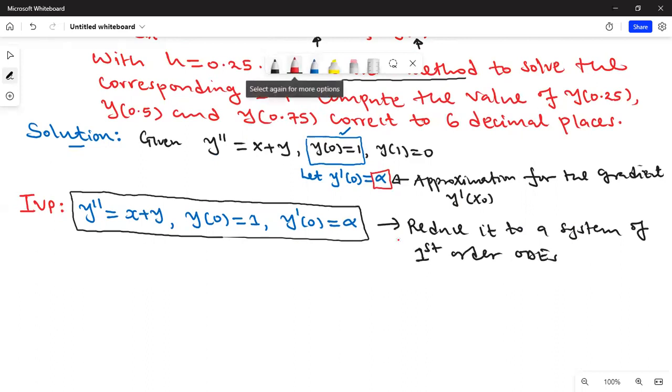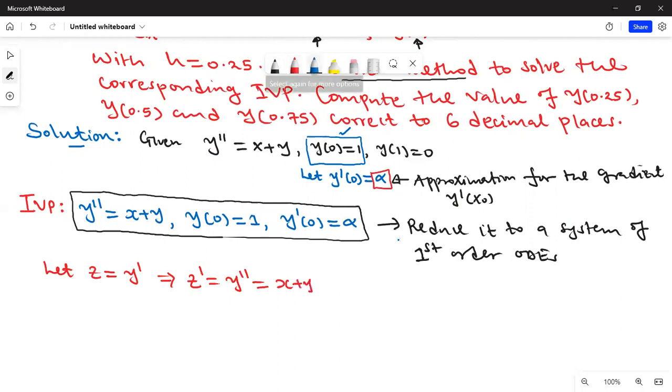We are going to say let z be equal to y prime, so that when I differentiate both sides, I get z prime is equal to y double prime. And what is y double prime? That is x plus y.